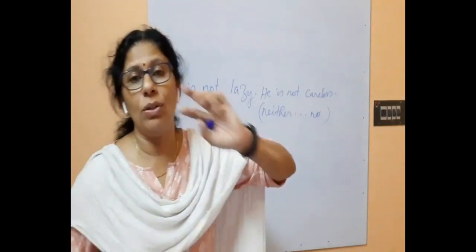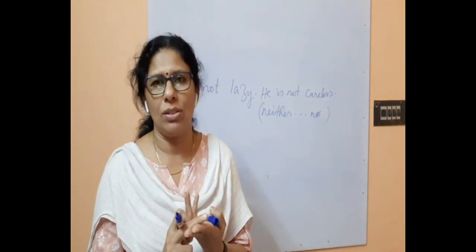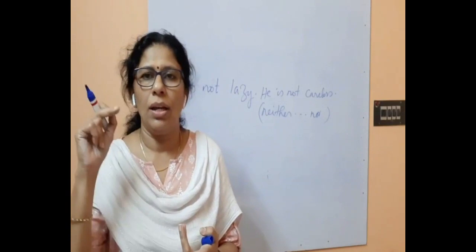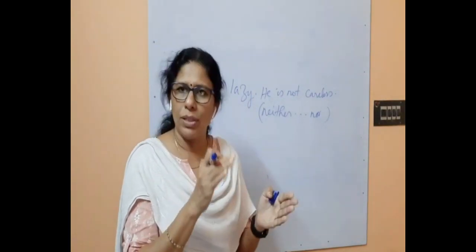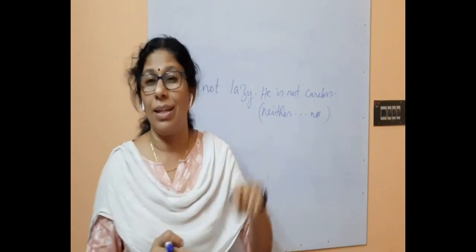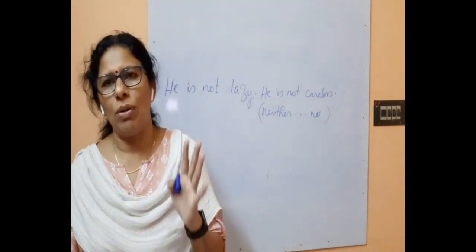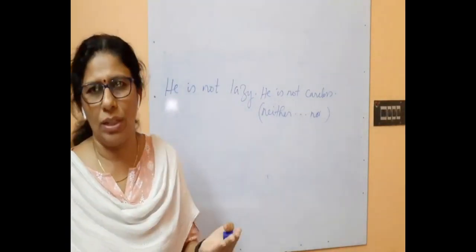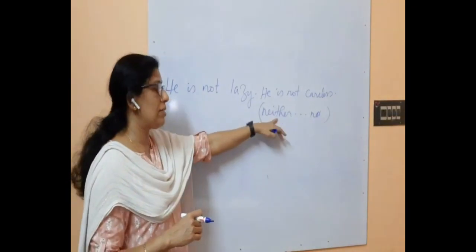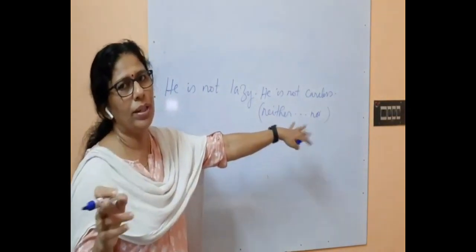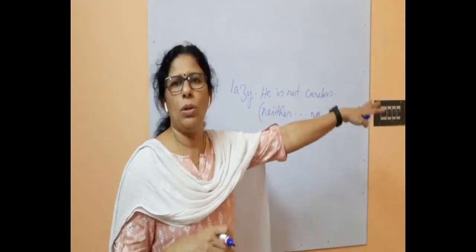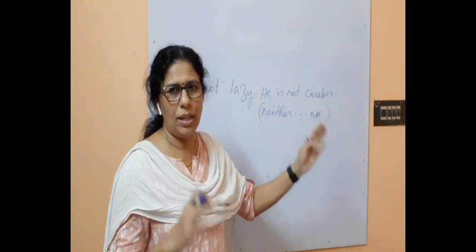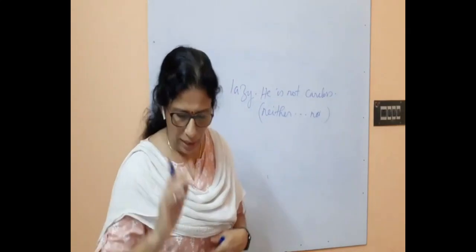When you begin with neither, we know that we have two kinds: one is the correlative conjunction, which comes under coordinating conjunction, and the second is a distributive pronoun, where neither alone is used. So that also you have to see. If it is used as a distributive pronoun, it will always be followed by the singular form of the verb. But if neither nor is used, the verb agrees with the second subject. Either or and neither nor, the verb agrees with the second subject.